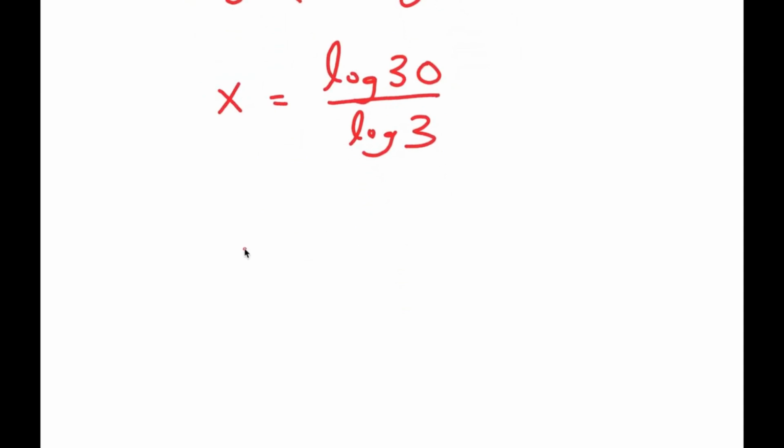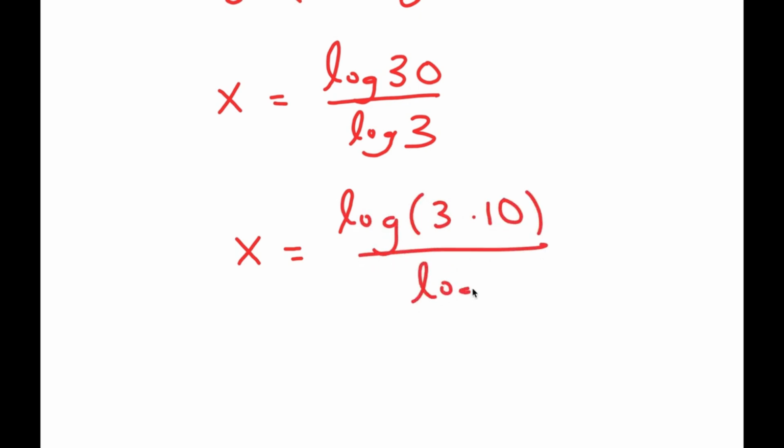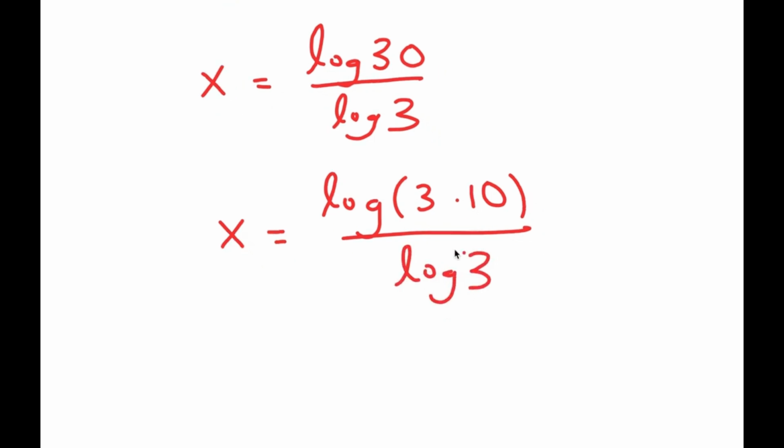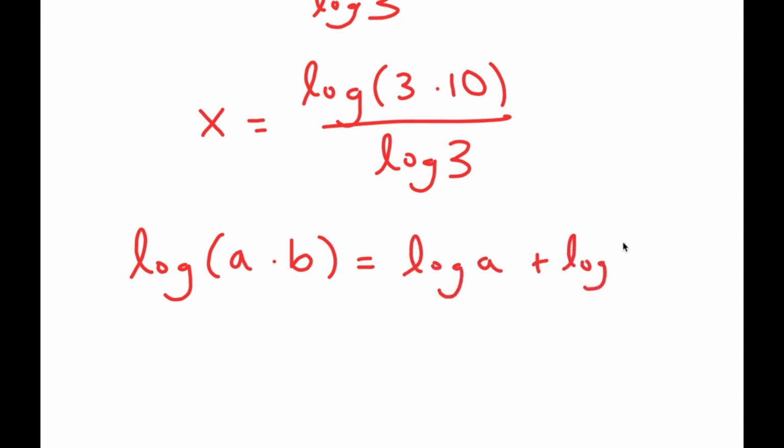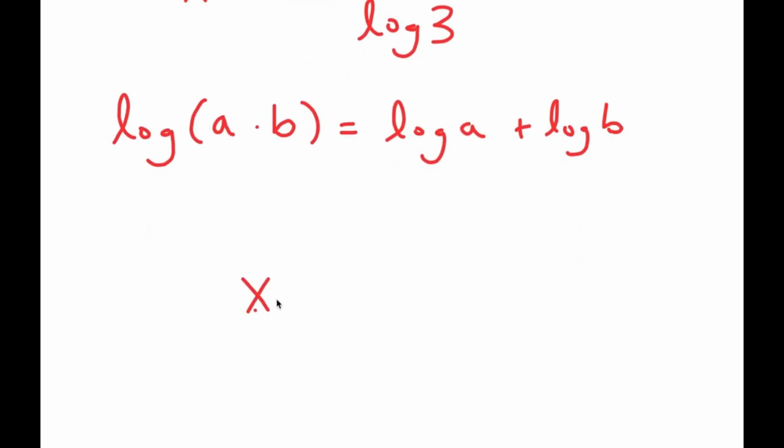Now, log 30, I'm going to rewrite that as log of 3 times 10. And if I have something in the form log of a times b, this is equal to log a plus log b. So log of 3 times 10 is equal to log 3 plus log 10.